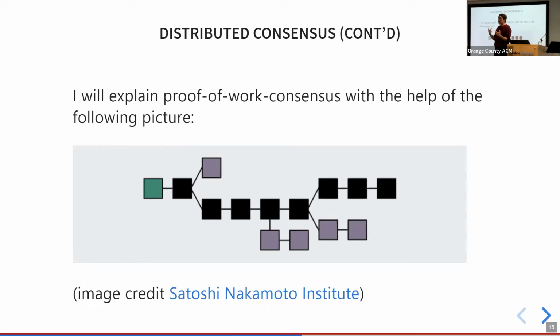The miners obviously need to have an incentive to participate, so they typically get paid with some cryptocurrency. Now, if I'm a miner, I want to earn the cryptocurrency, and I see that this guy already finished. Then I want to append my block to this one, not to this one, which is not even there yet.